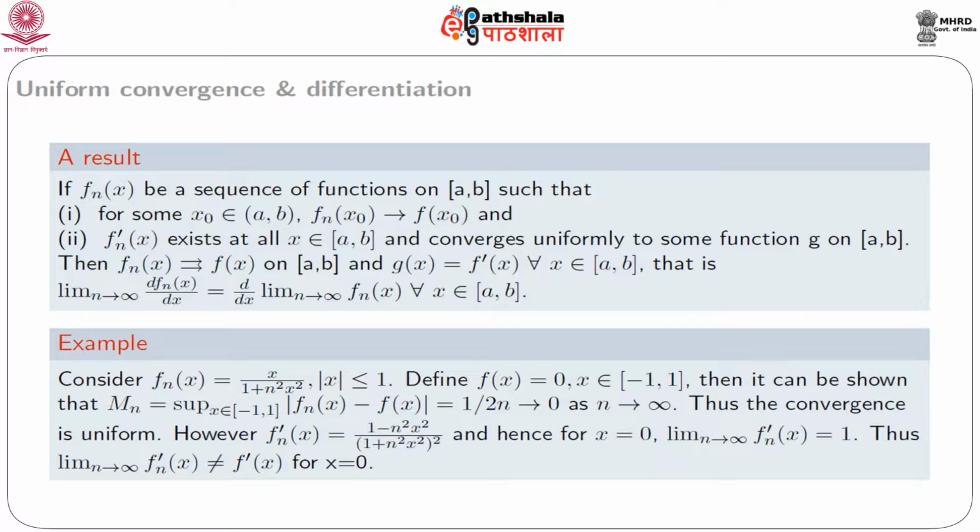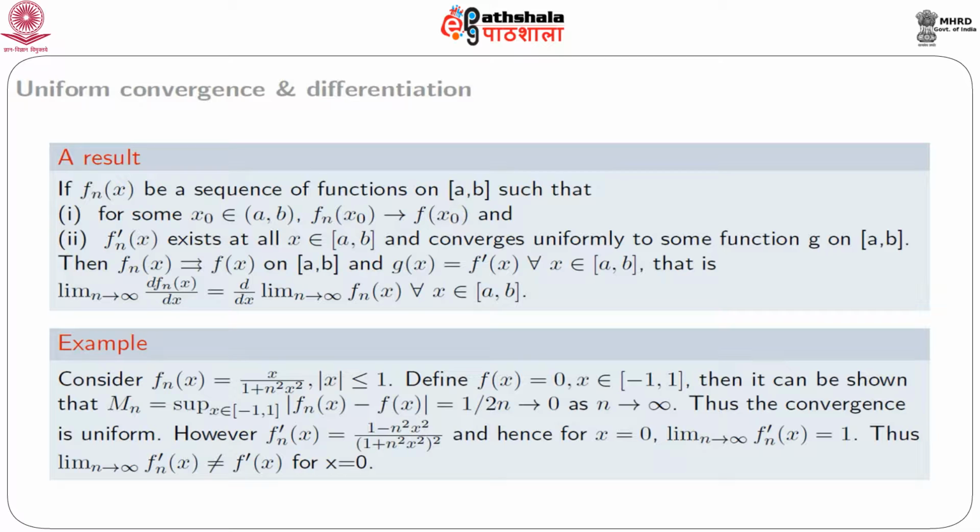If f_n(x) is a sequence of functions on the closed interval [a,b], such that for some x naught belonging to the open interval (a,b), f_n(x naught) tends to f(x naught), and f_n dash(x), the first derivative of f_n(x) with respect to x, exists at all x in [a,b] and converges uniformly to some function g on [a,b], then f_n(x) converges uniformly to f(x) on [a,b] and g(x) equals f dash(x) for all x in [a,b].